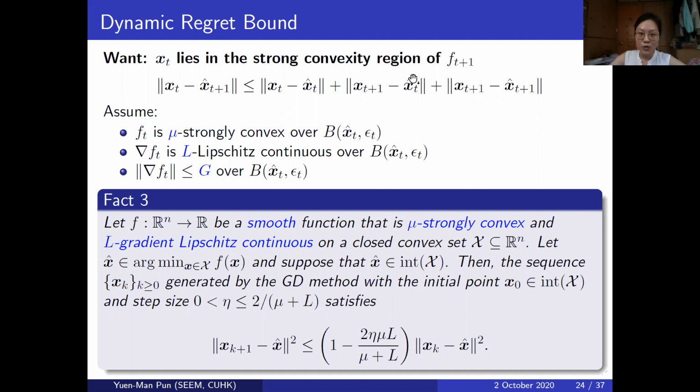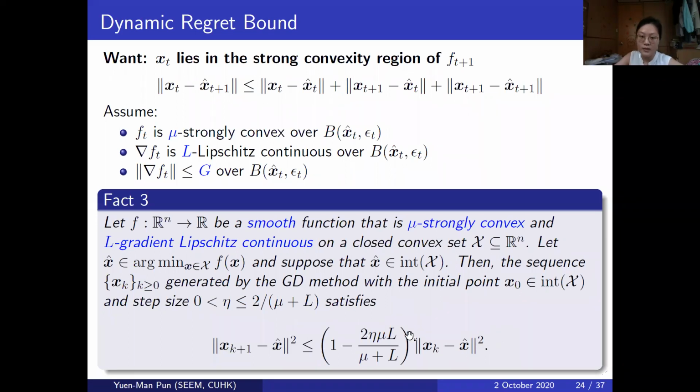And then how do we bound this one? Recall that gradient descent is converging linearly for strongly convex functions. So we have this fact that, where k is some iteration number, we can simply plug this in: xt plus 1 minus xt hat squared is upper bounded by some constant times xt minus xt hat squared.